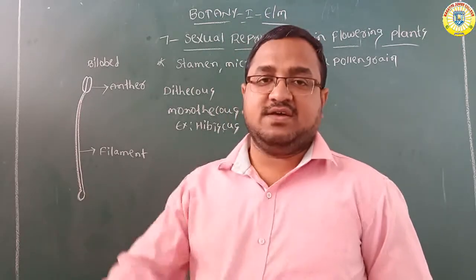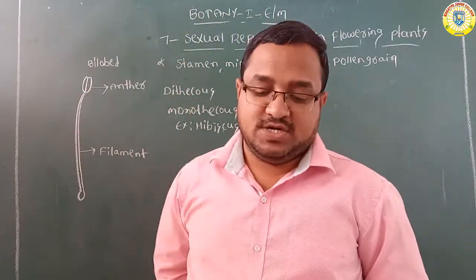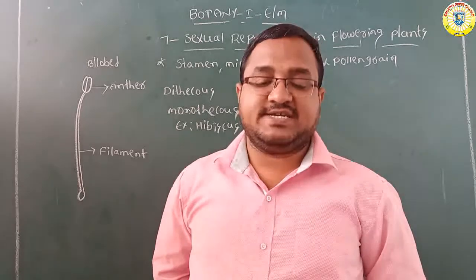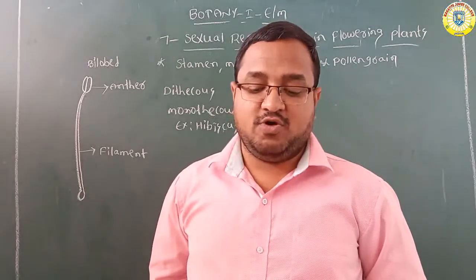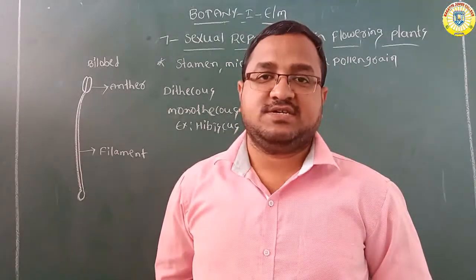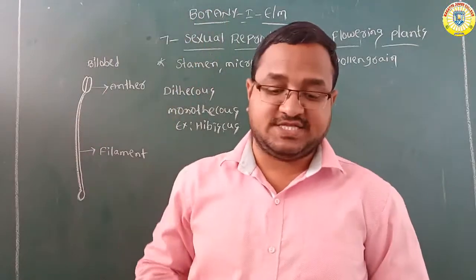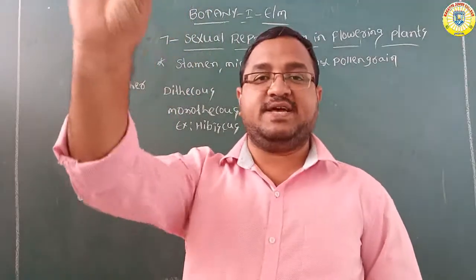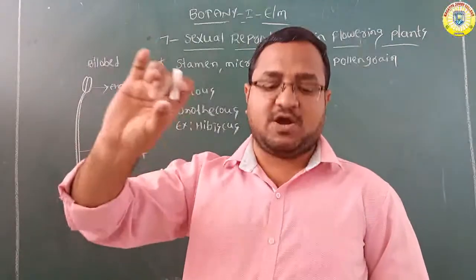The anther is a four-sided, tetragonal structure, consisting of four microsporangia located at these corners.